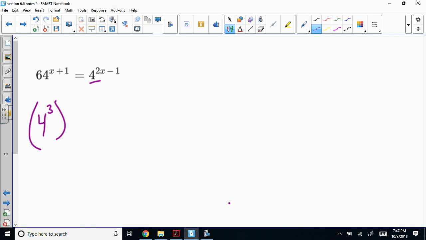That's 64. Now that's also being raised to the x plus 1, right? Now, what you have to make sure you understand is the properties of exponents, the power to a power. When you have something that's raised to a power, raised to another power, then you multiply these.